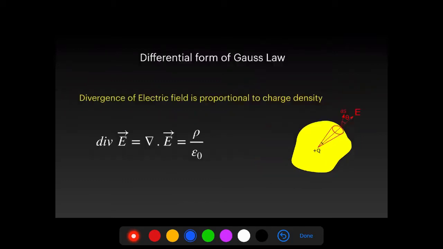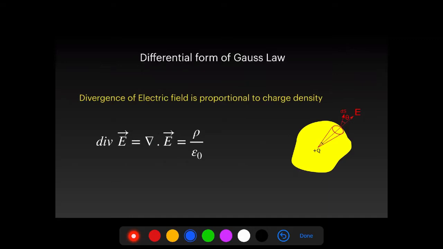The differential form of Gauss law states that the divergence of E bar, which we represent using del dot E bar, equals rho by epsilon naught. So this is the differential form of Gauss law.